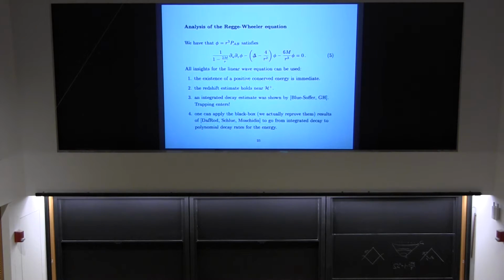A few words about the analysis of the Regge-Wheeler equation. I've given you the Regge-Wheeler equation there. In particular, you see that in 5 there is no first order term. In fact, it's not hard to see directly, just by multiplying this equation by dt phi, that there exists a positive conserved energy.